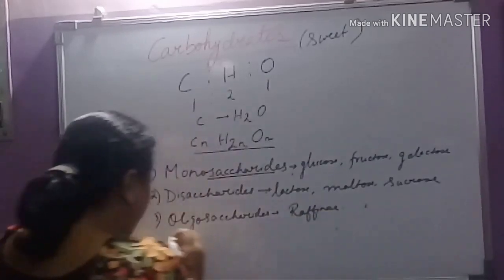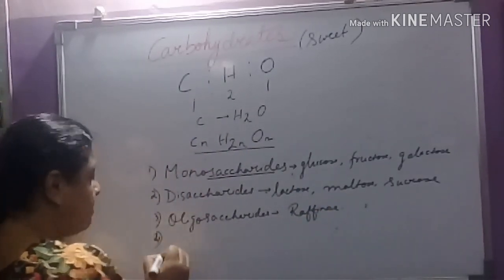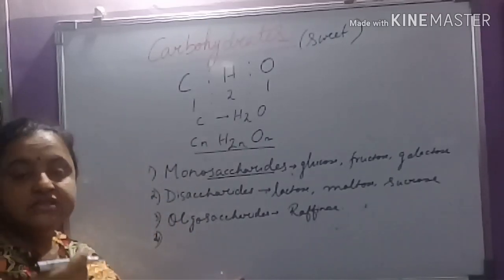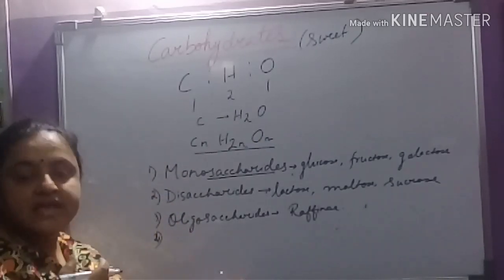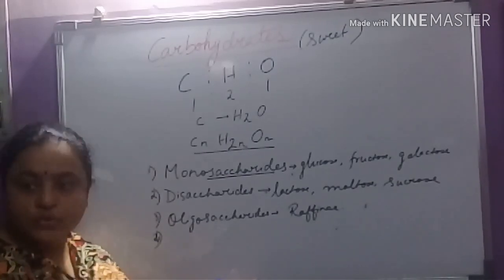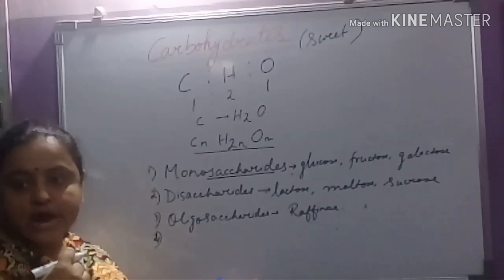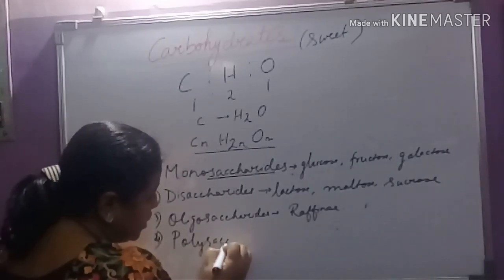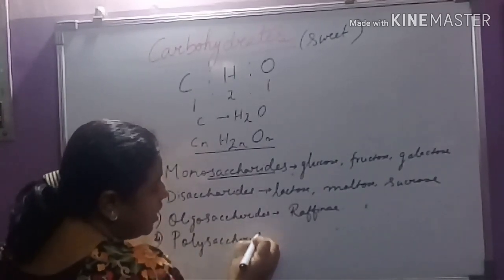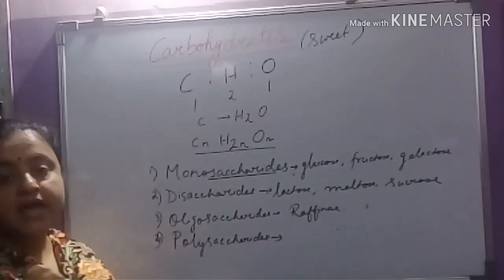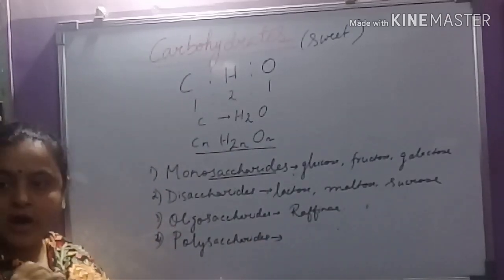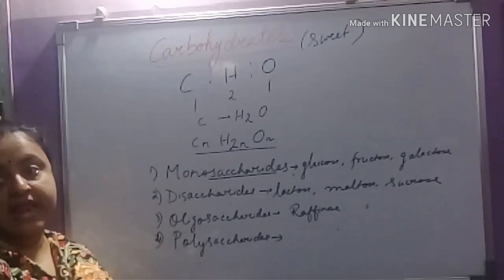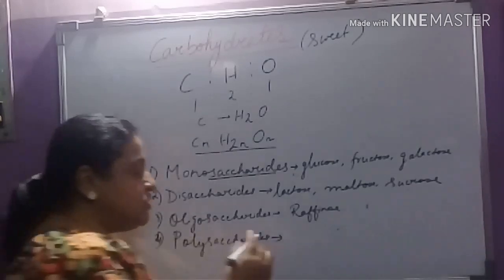Okay. Now, next is when the units of carbohydrates are more than 10. That is, there are many such carbohydrate units. Such carbohydrates are known as polysaccharides. So, if you look into this classification based on the number of units, polysaccharides are the most complex form of carbohydrates, where the number of units is more than 10 and it can be many more such units.